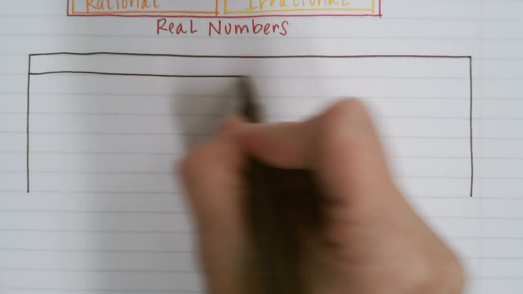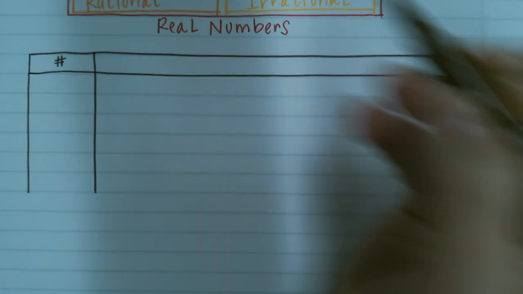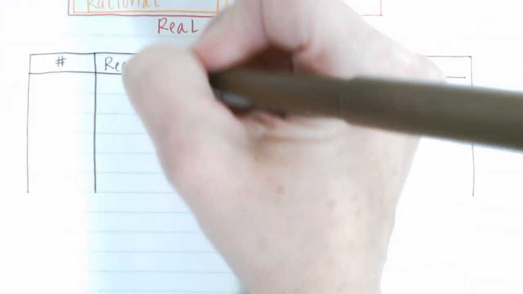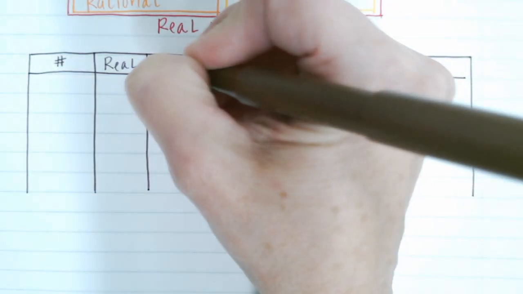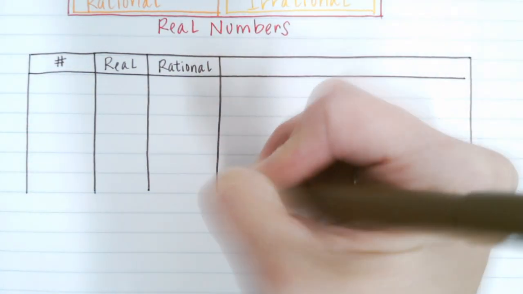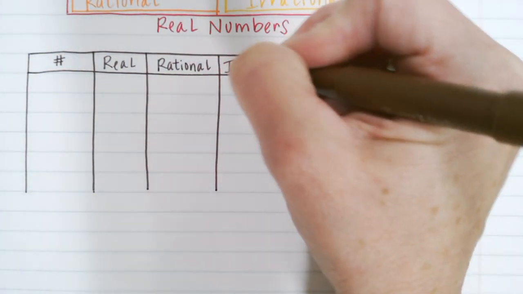All right, so we're going to put the number that we're doing right here. And then we're going to determine if it's real, if it's rational, or is it irrational?